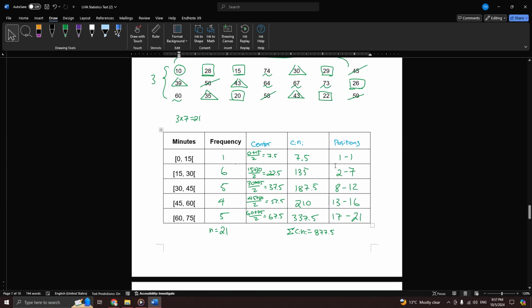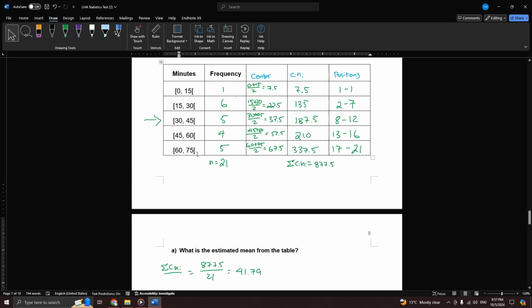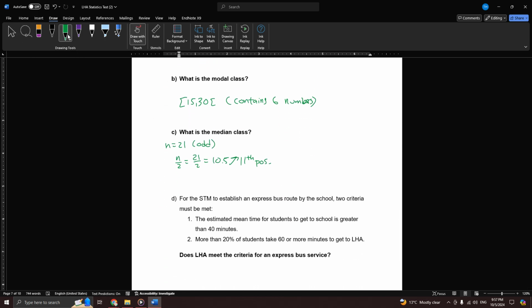Thank God we have a column here. Positions, that's going to be 11 is going to be between 8 and 12. What class was that? It's this one over here, 30 to 45. Okay? So this is going to be 30 to 45. That's the class that contains my median. That's my answer. Okay?